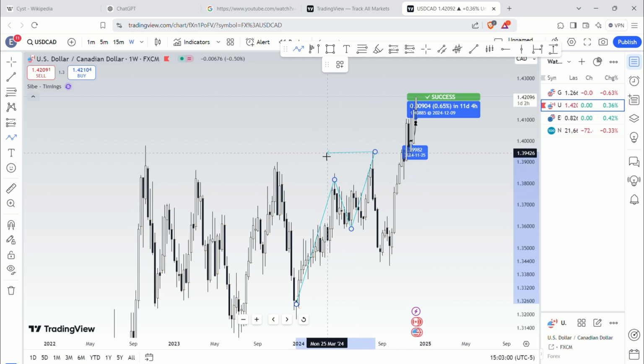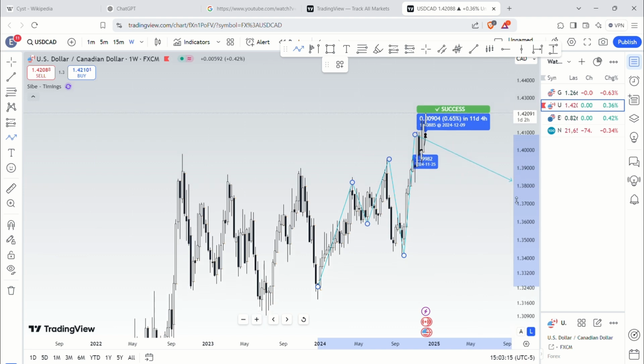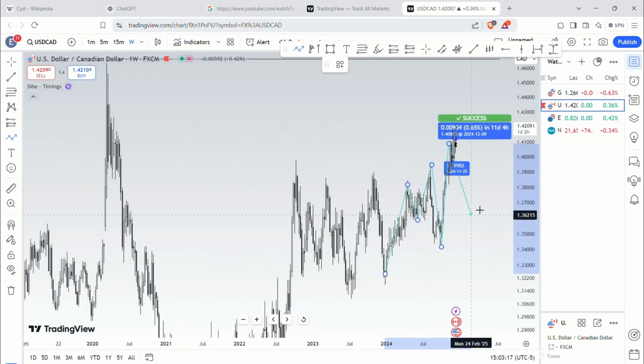We created a new high at this point, then came down all the way here, retraced, and then broke this particular level. If we broke this level, what would we say? We're still going for higher prices. There's no indication here that the market wants to come lower.